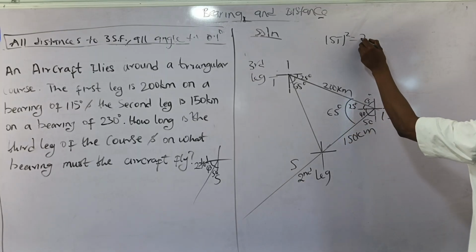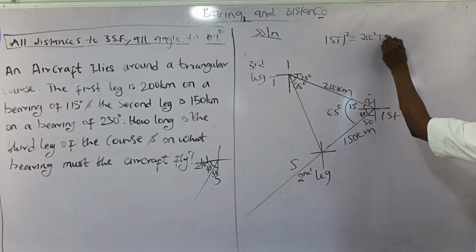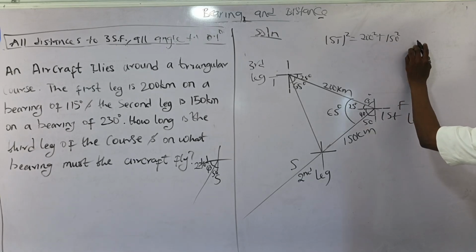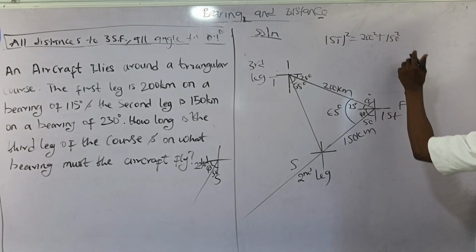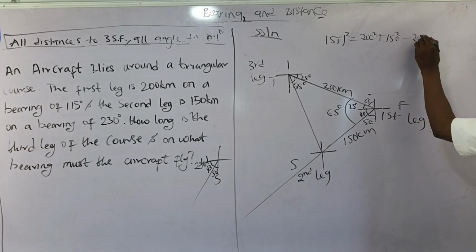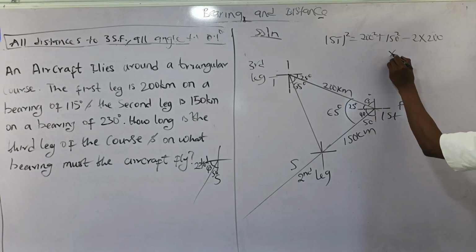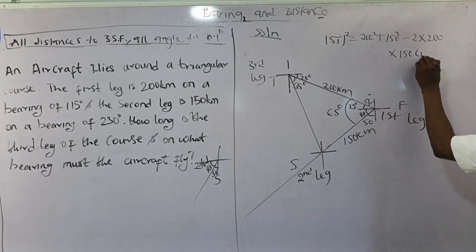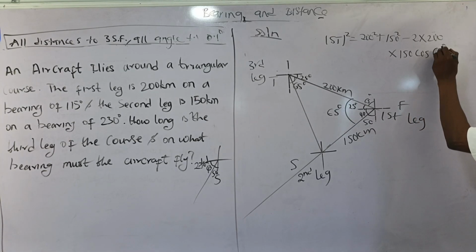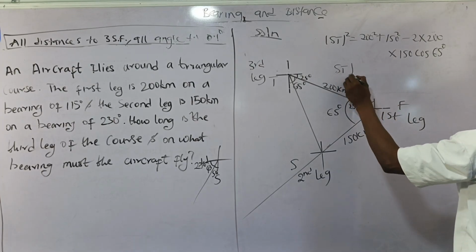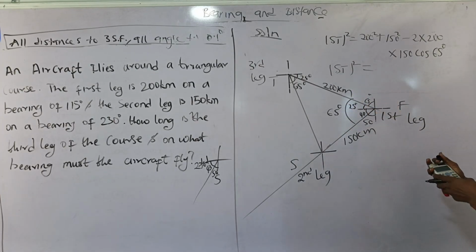I'll simply have 200 squared plus 150 squared. This angle is not up to 90, so I'll say minus 2 times 200 times 150 cos 65 degrees.